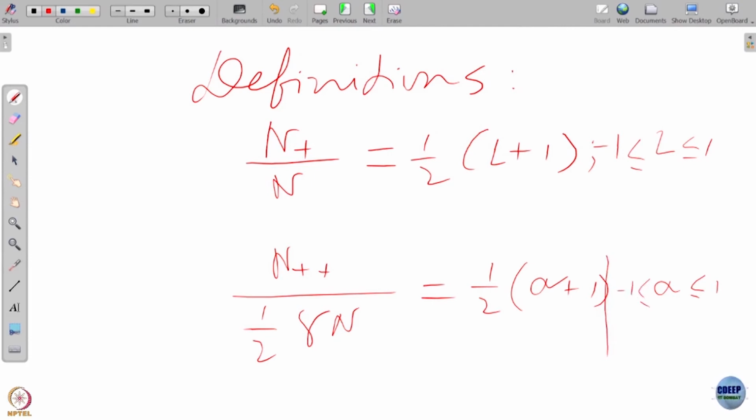So, when L is 1, then this is 1 plus 1, 2, and this 2 gets it 1, that means all these spins are up. So, when L, the long range order parameter, is 1, it means all these spins are up, the system is fully ferromagnetic.